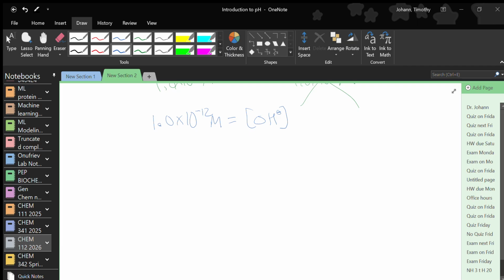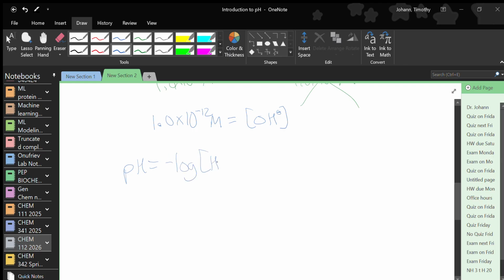And so what we have is this way of expressing how acidic something is. So pH is going to be equal to the negative log of H plus concentration, or hydronium concentration, or proton concentration, all the same thing. That's an equation we're going to use to make this easier to talk about.